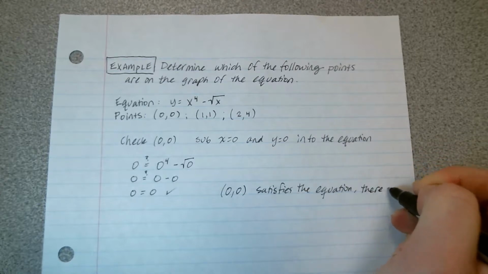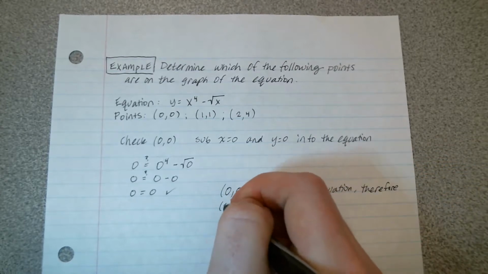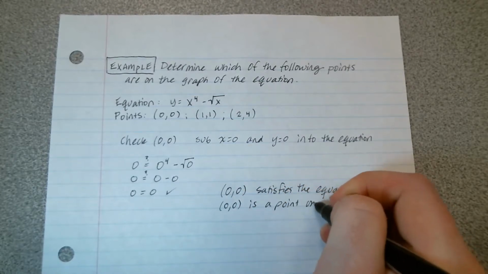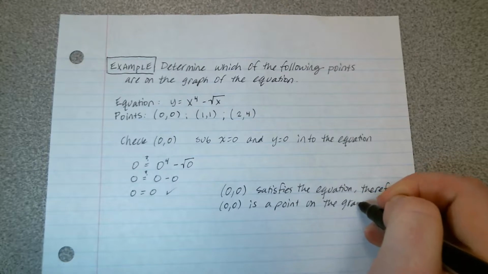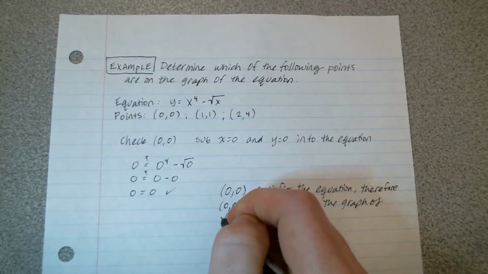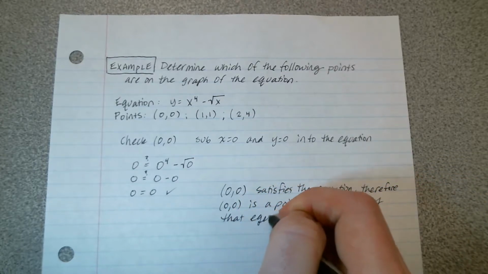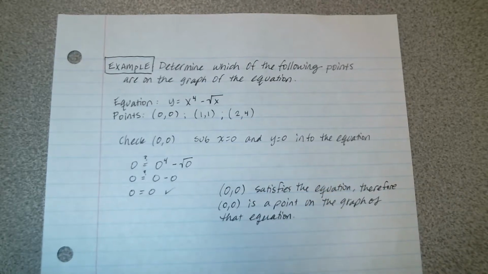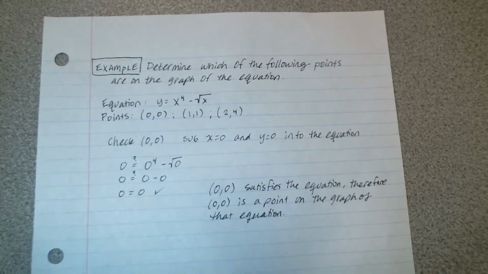Therefore, (0, 0) is a point on the graph of that equation. Awesome.